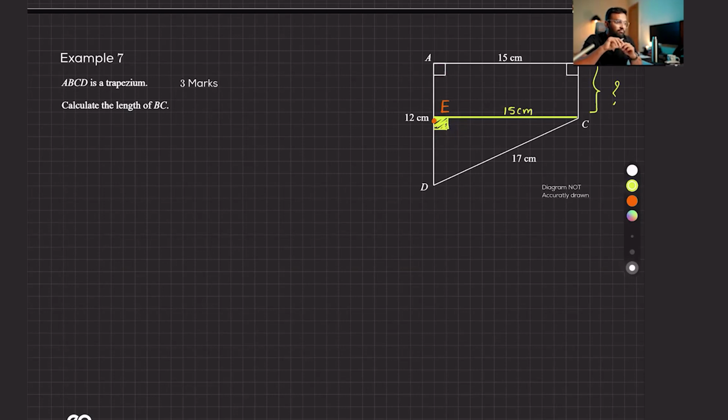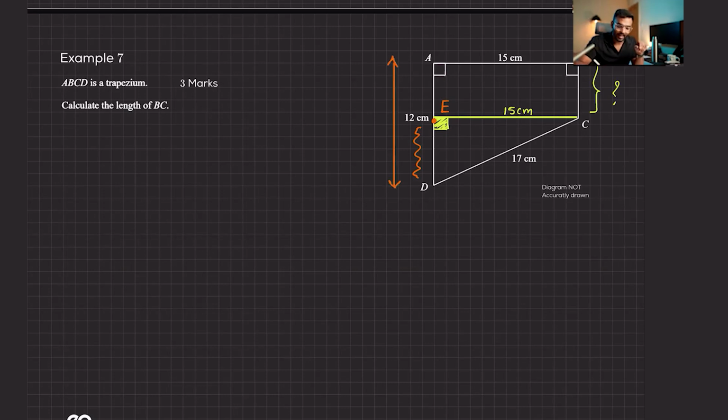We are working out BC, but how would you get to BC? Excellent, Sarah. We are working out, everyone, this side, ED. We will work out ED, which means what's the total length of AD? That's 12, already given to us.